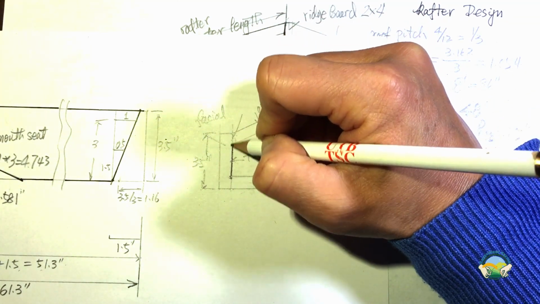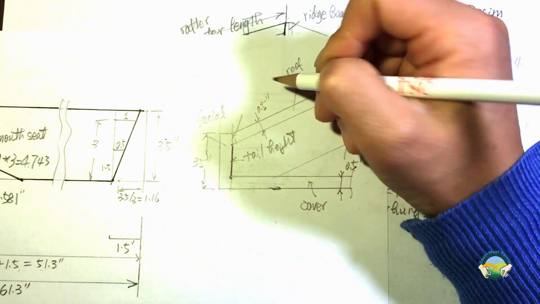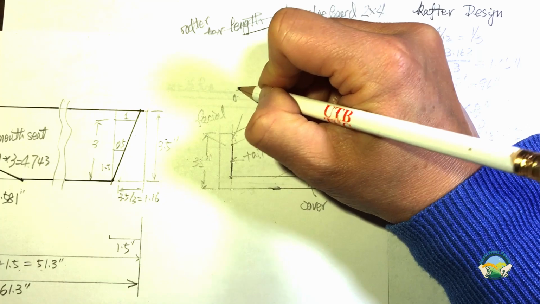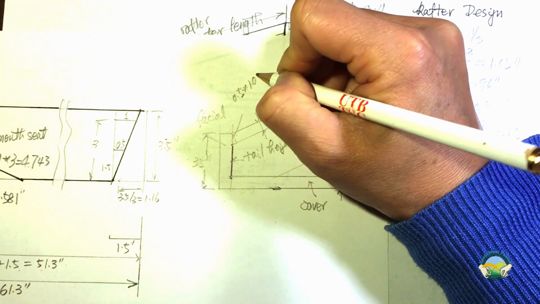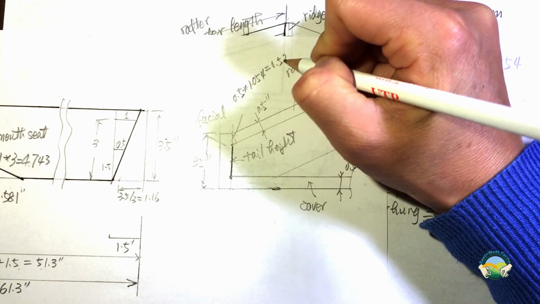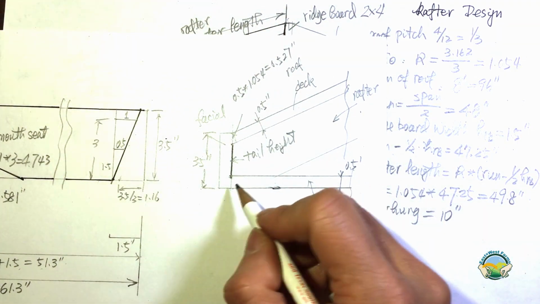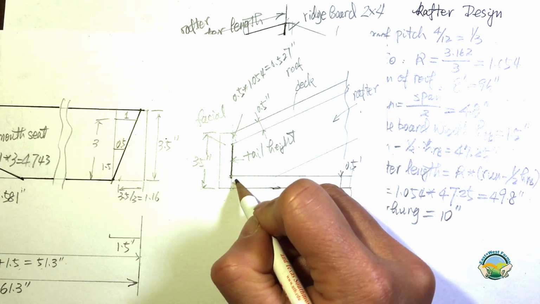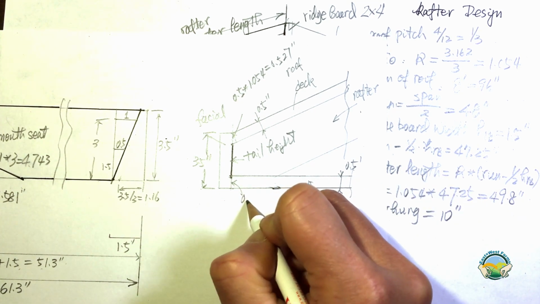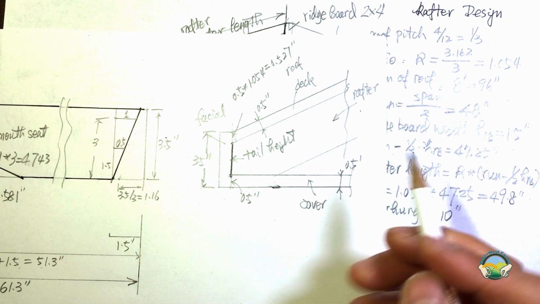So this is 3, and the ratio between this and that is 1.054. So it's 0.5 times 1.054, and that gives me 0.527 inches. That dimension, of course, is just the thickness of the cover board. So that gives me 0.5.